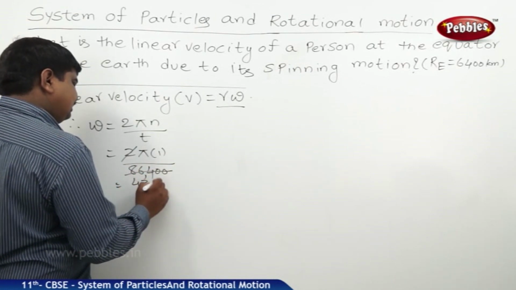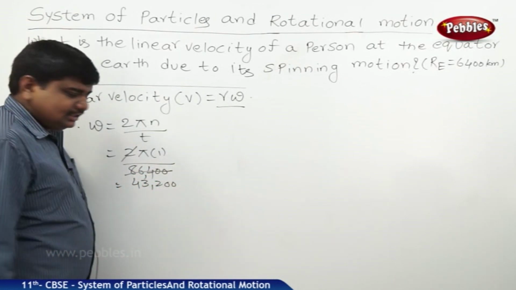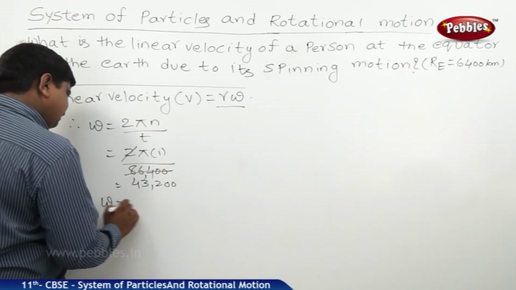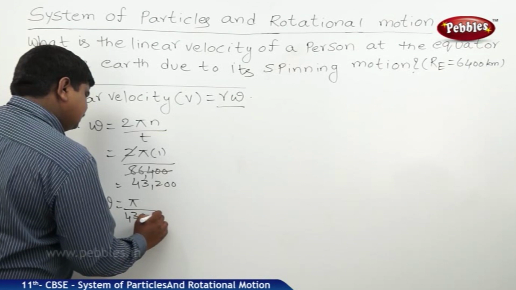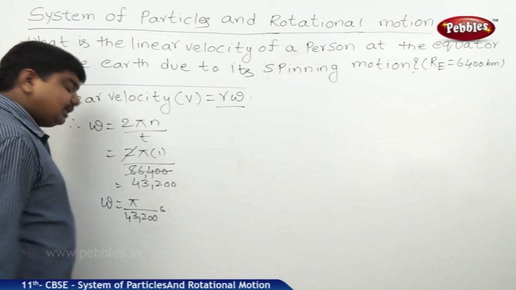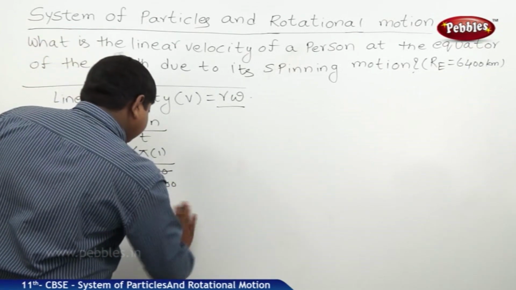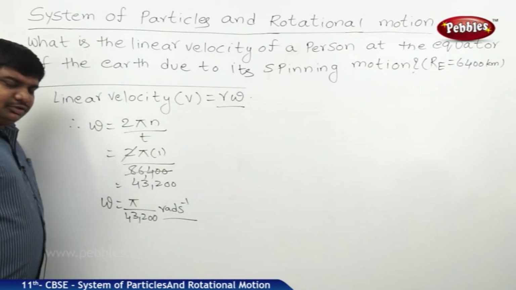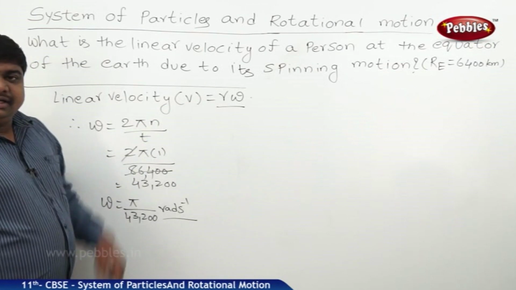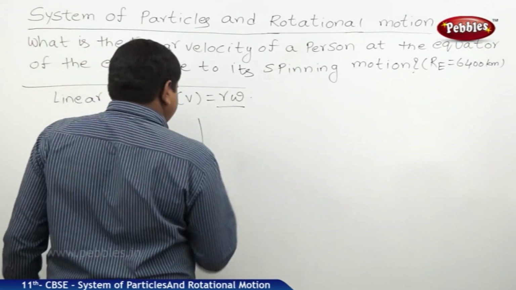43,200 times it will cancel. Therefore, omega is equal to pi by 43,200 seconds, radians per second. Now we should substitute this omega value in the given equation, V is equal to R omega.